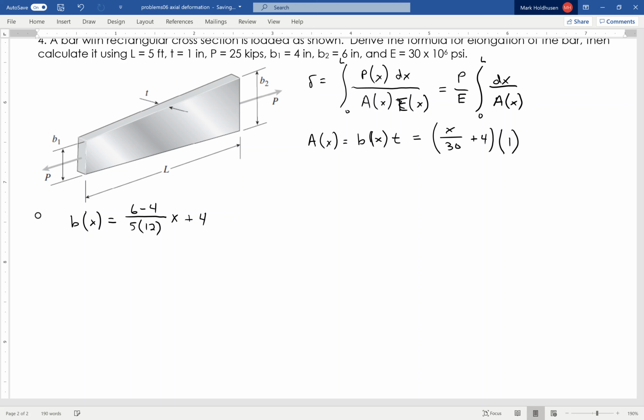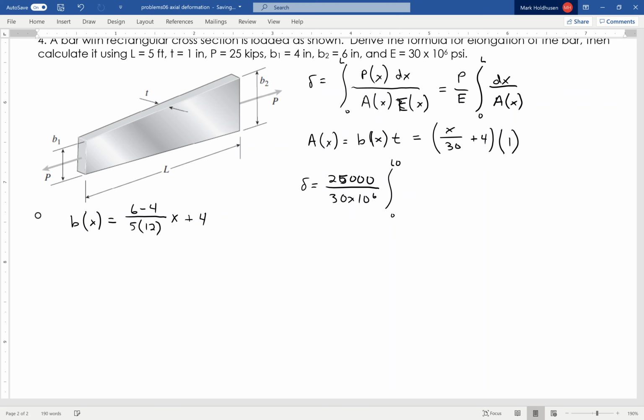So, plugging things in now, my deflection is 25,000 pounds, or 25 kips, divided by E, which is given in the problem statement as 30 times 10 to the 6 psi. Then my integral from 0 to L, well, I'm going to go 0 to 60.